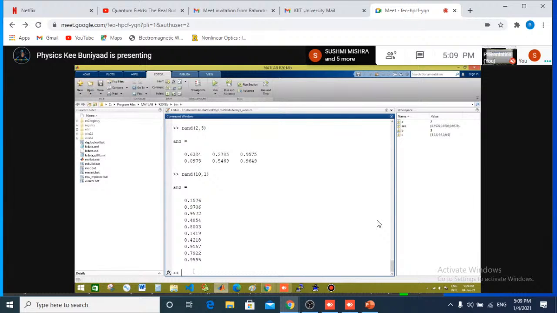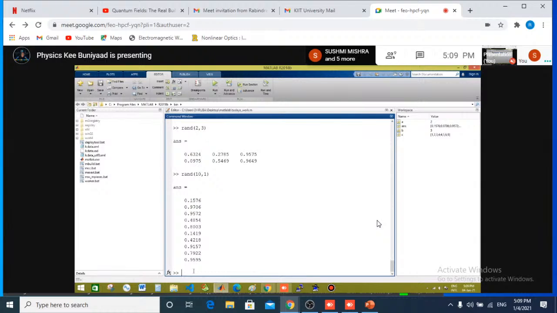Now randn, it will show you Gaussian randomness, with 0 mean and sigma 1 variance.